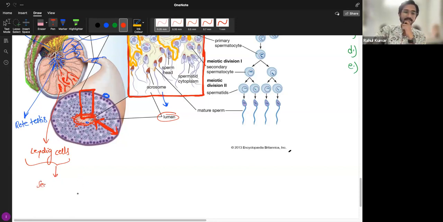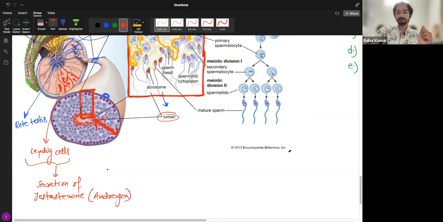Okay, write down. Leydig cells are responsible for secretion of testosterone. Testosterone is a kind of androgen. The word andro in biology means males. You may not have studied it yet, but in class 11th or 10th, you would know an androecium and a gynoecium in a flower, right?